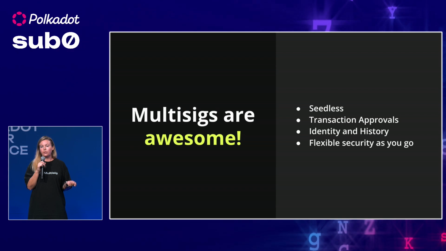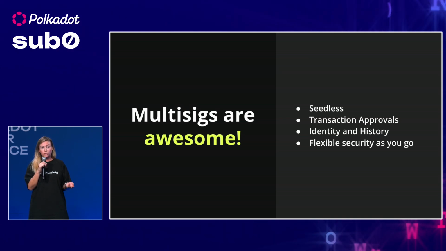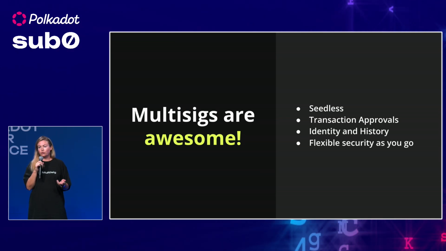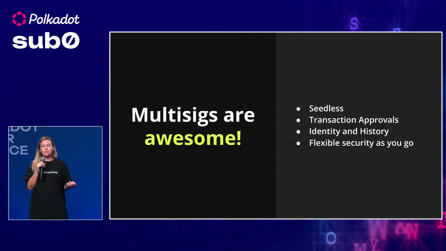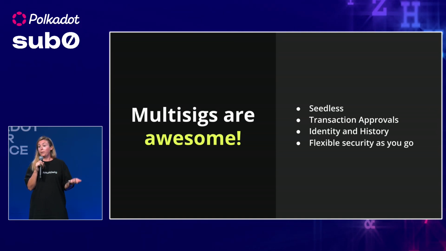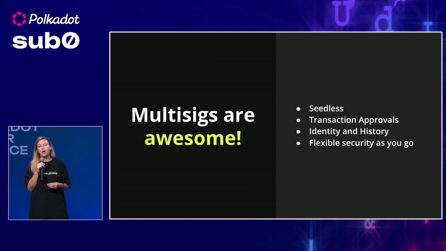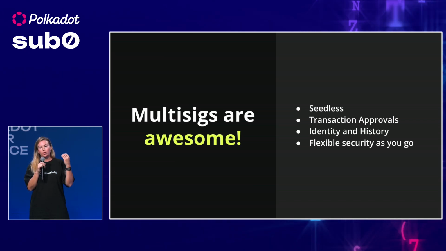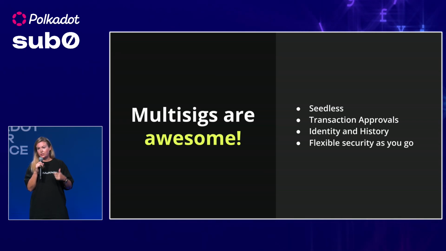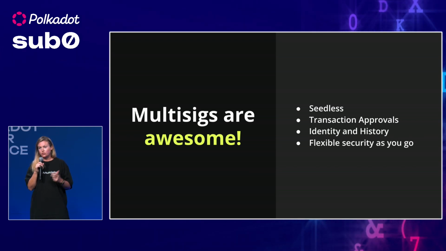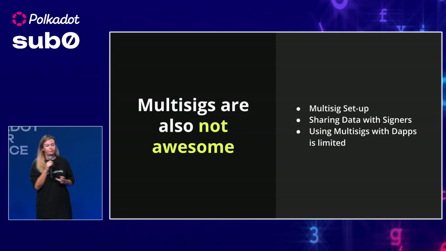We can start with a 2 of 2 style multi-sig with 2 signers and a threshold of 2. Maybe as the account becomes more important, holds more assets, and the assets increase in value over time, we can add more signers and increase the threshold to match our security needs.